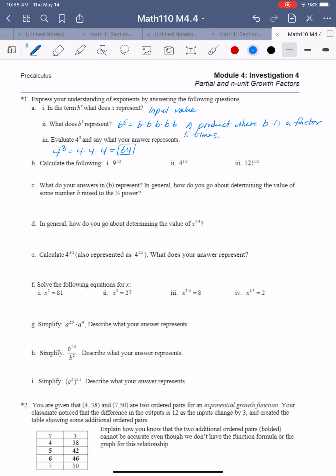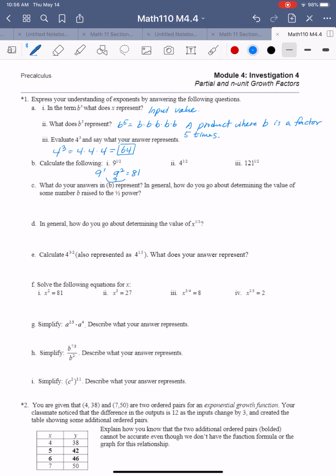Now calculate the following. So now instead of a nice integer as a power, you've got 9 to the half power. In order to get 9 squared, which is 81, it's been multiplied by 9, right?